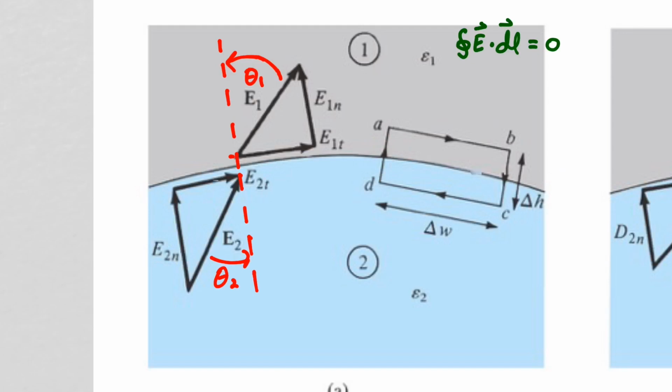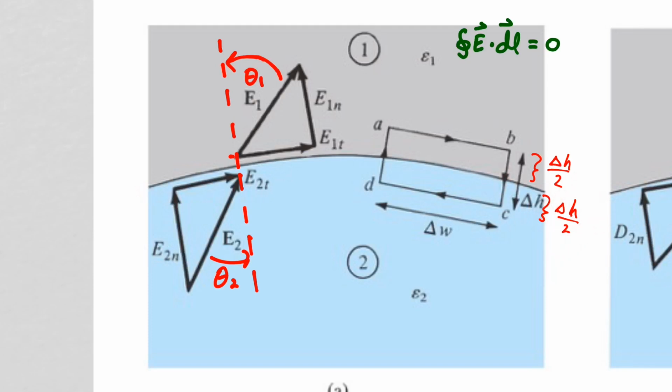The tangential sides will be of length delta W and the normal sides of length delta H. It doesn't matter, but we'll select the distance from point B to the interface as delta H over 2, and for the interface to C as delta H over 2.